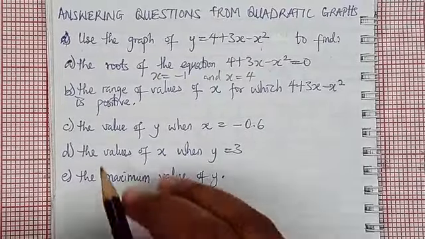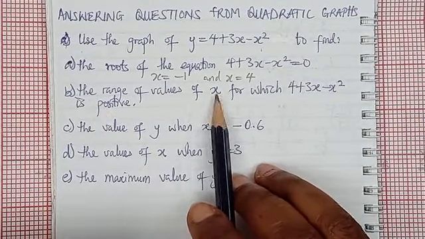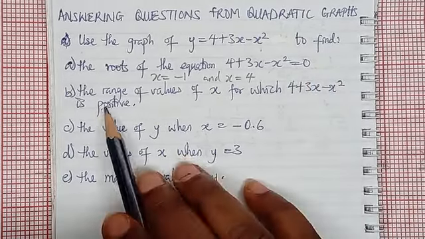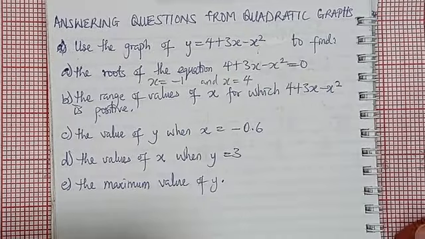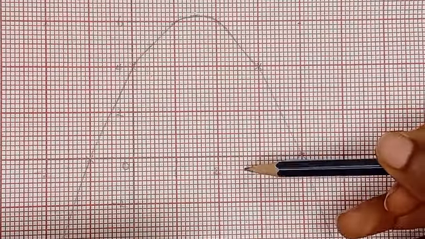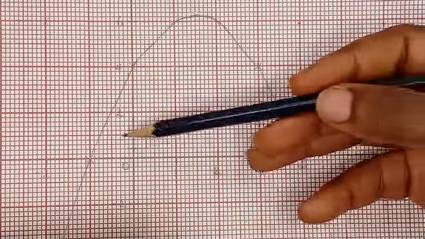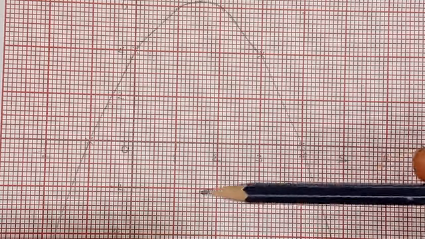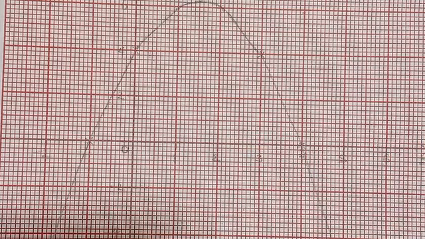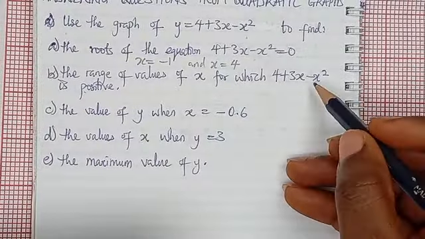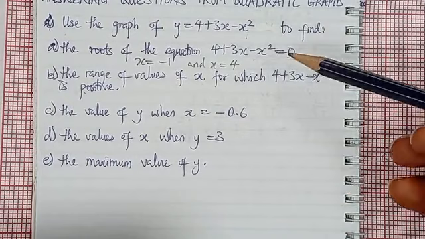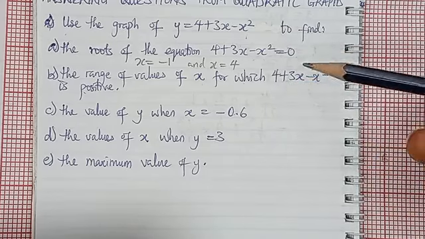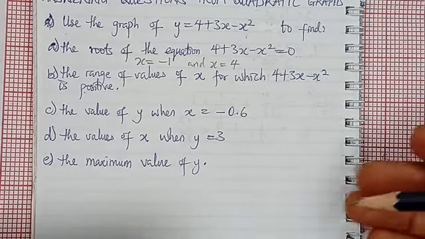Then the next question is, we have to find the range of values of x for which the graph of this given equation is positive. When we look at this graph, we can see on this side is positive y, on this side is negative y. The equation of the curve is equal to y, so what we are asking for is the values where y is positive.